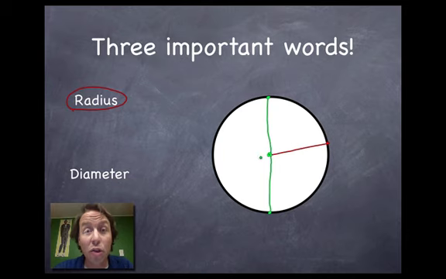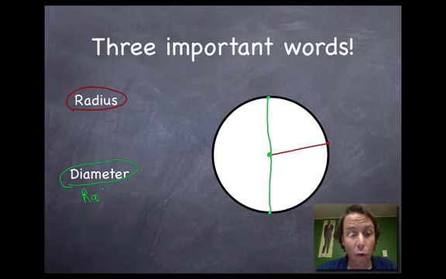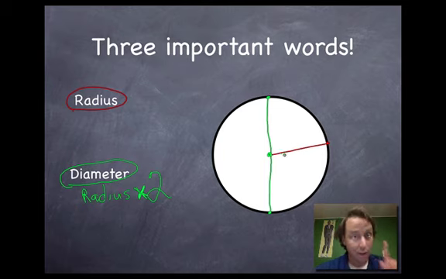So the diameter of a circle is twice the length of the radius. Okay, I'm going to write that right here. Diameter is radius times 2. I'll make sure that you know that's not an X, that's a times symbol. Okay? So the diameter of a circle is twice the size of the radius. Always. Always. That's important to remember.